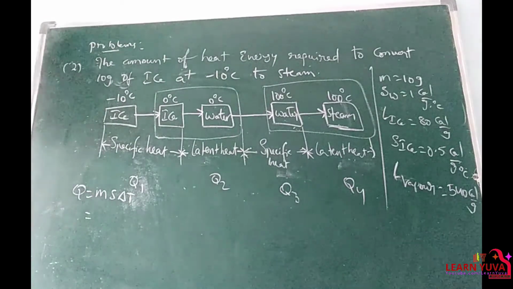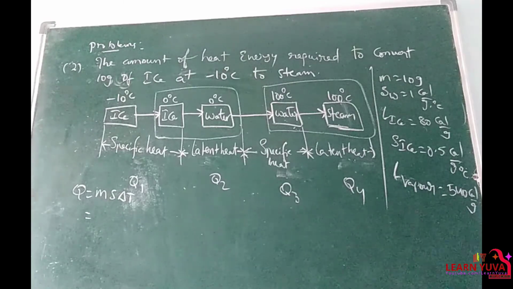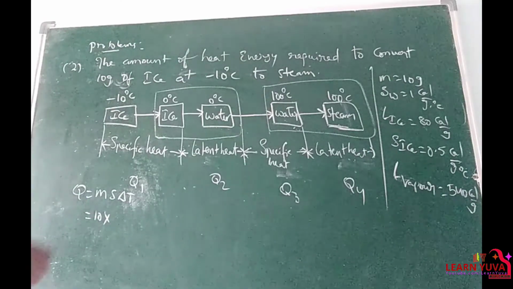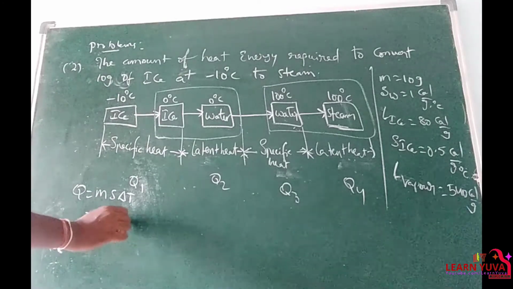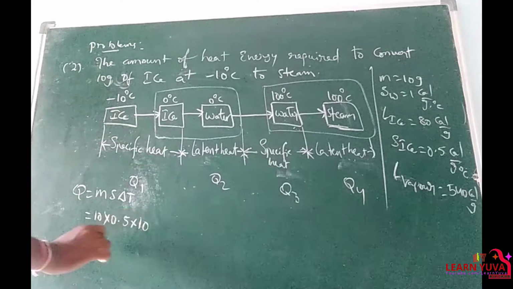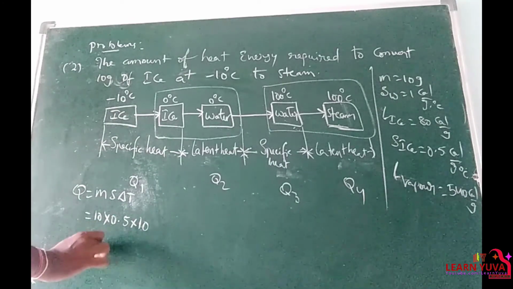So Q1 we are finding ms delta T, mass is equal to 10, specific heat capacity of ice 0.5, delta T is 0 minus minus 10, that is 10, 50 calories.